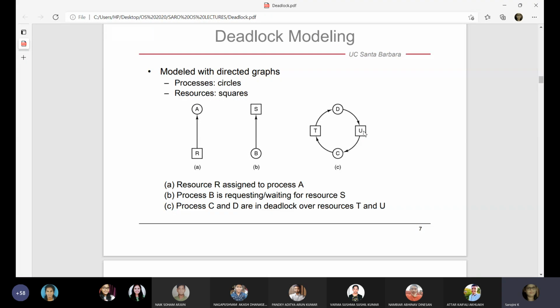Process D is holding resource T, but it is requesting resource U.